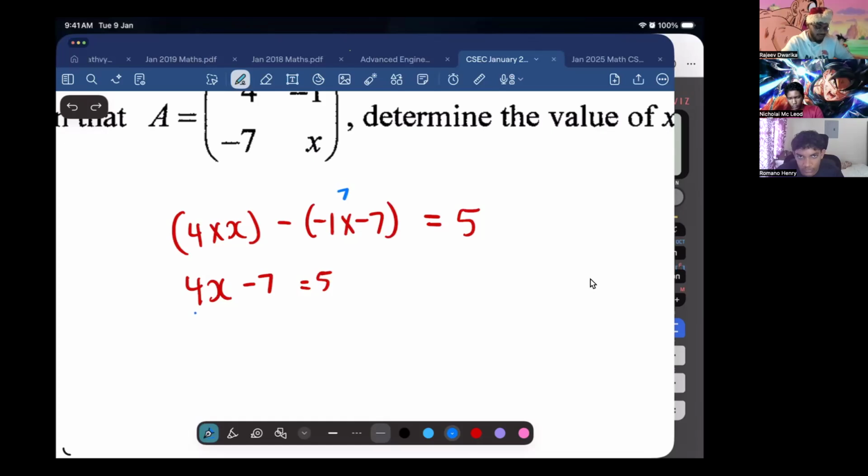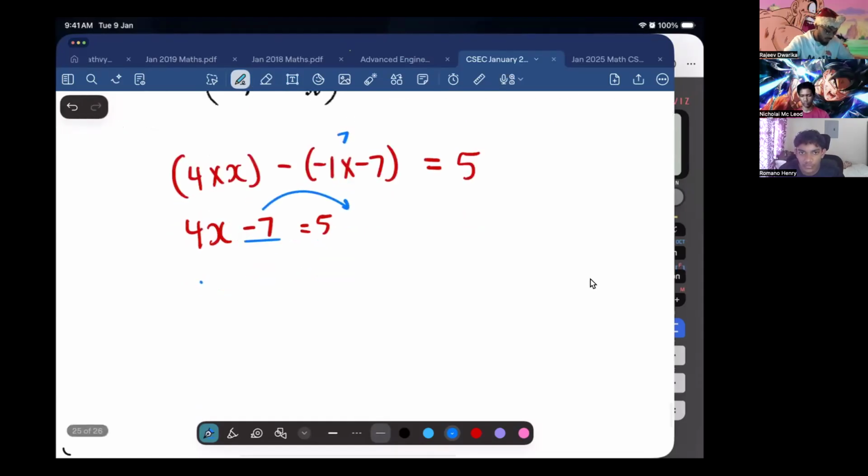Right. So 4x belongs over here. Does minus 7 belong over here? No, sir, it does not. If you want to find x, the x term should be the only thing on the left-hand side. So if I take minus 7 and I move it across, what is it going to turn to?